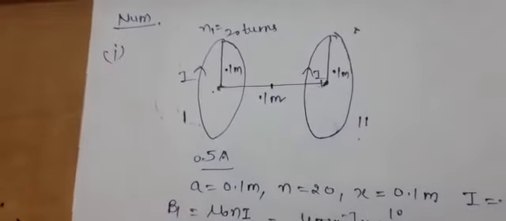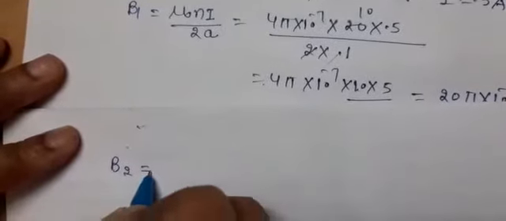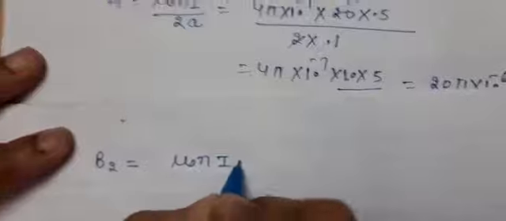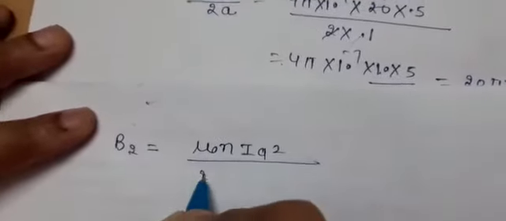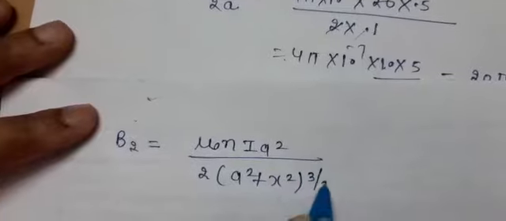So the magnetic field at the center of the second coil due to current flowing through the first coil. What will be the formula? Mu naught N I a squared upon 2 times (a squared plus x squared) raised to the power 3 by 2. This is the main point which you have to understand.